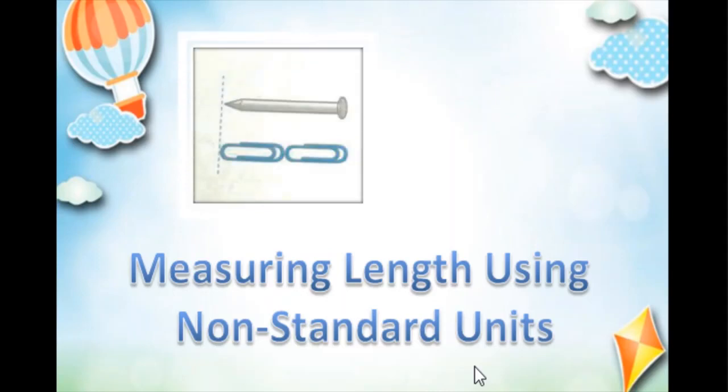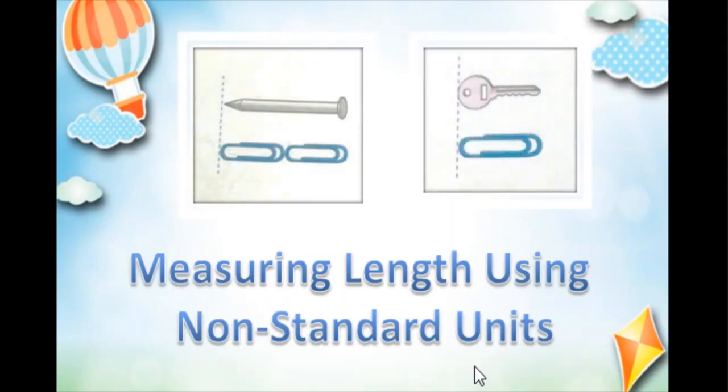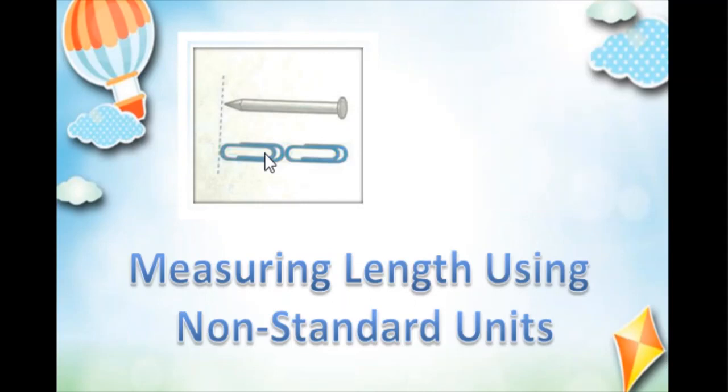We've also tackled about measuring length using non-standard units. This is when we use other objects to measure how long another object is. For example, this one, we are trying to measure the nail.